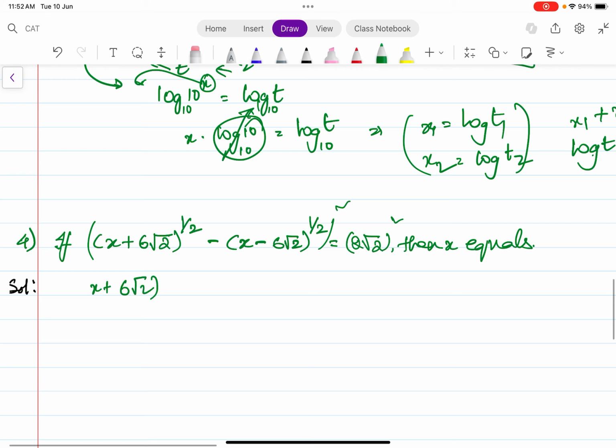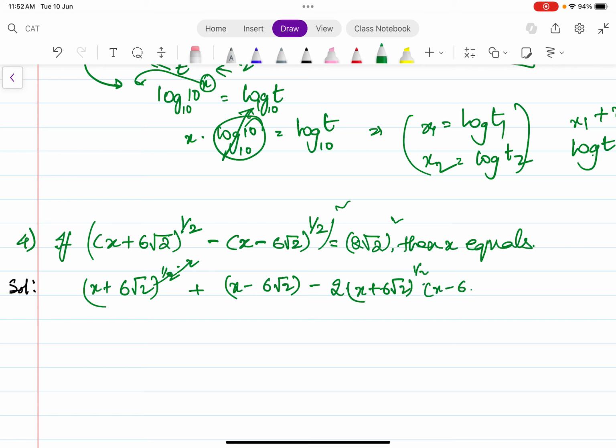6 root 2 to the power 1 by 2 into 2, so it becomes 1, right? Plus, so a square plus b square. b square is again the same thing. Minus 2ab. ab is what? 6 root 2 to the power 1 by 2 into x minus 6 root 2 to the power 1 by 2 is equal to 4 into root 2 whole square, which is 2.